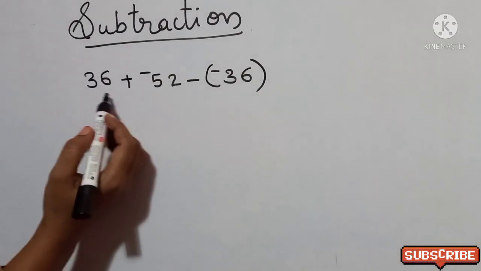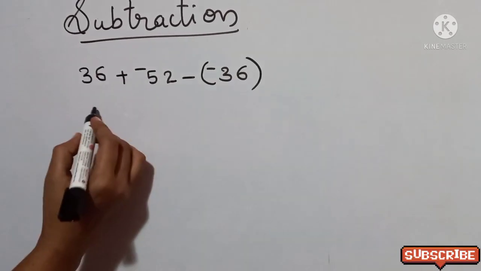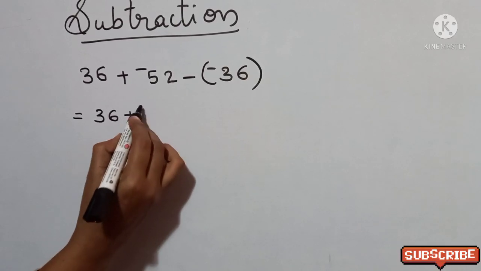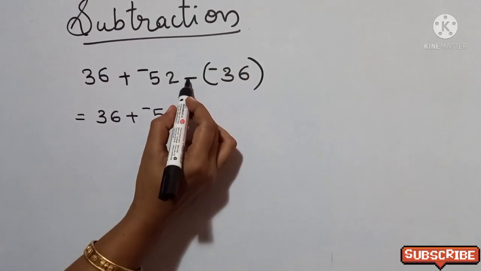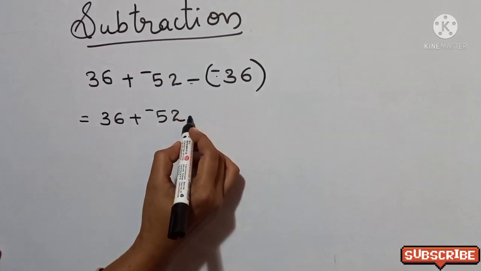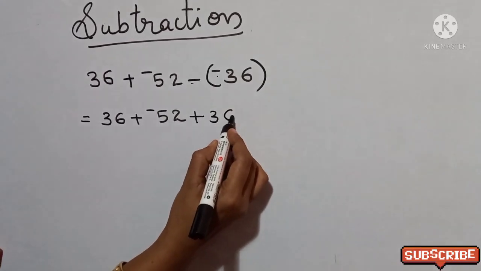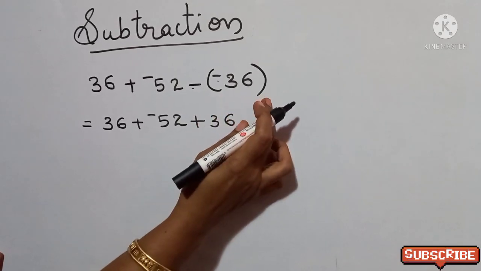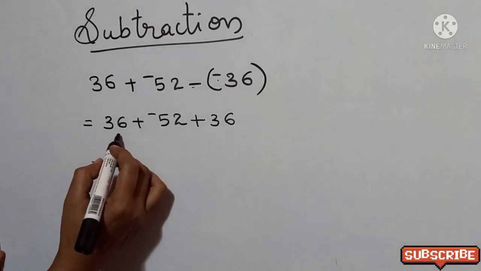Then the next question, 36 plus minus 52 minus of minus 36. We write 36 here plus minus 52. Then instead of the minus, the subtraction, we make it plus. Write plus and the additive inverse of minus 36, which is 36.